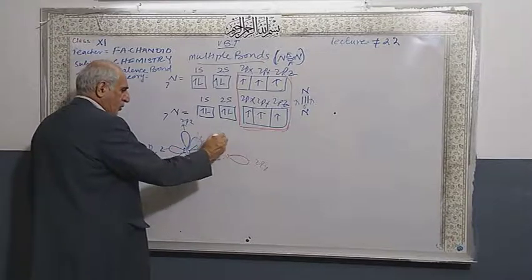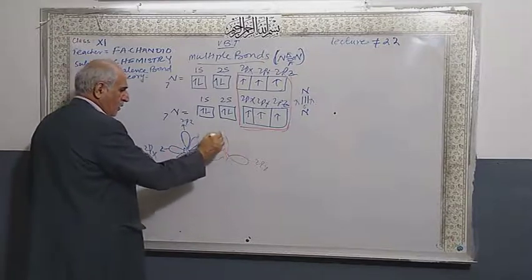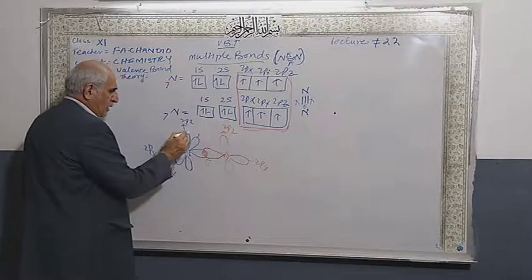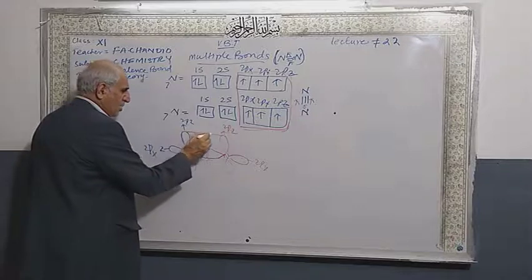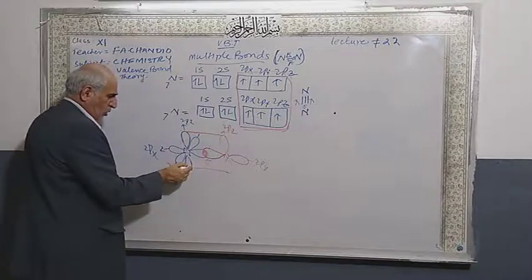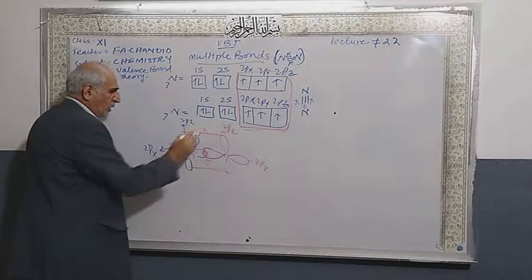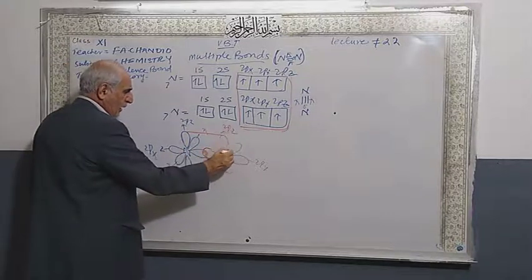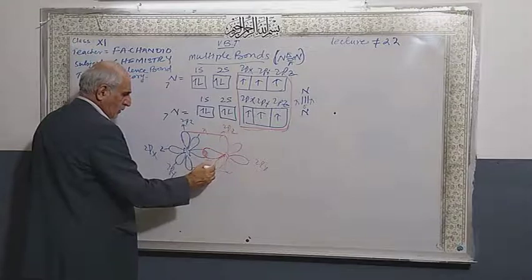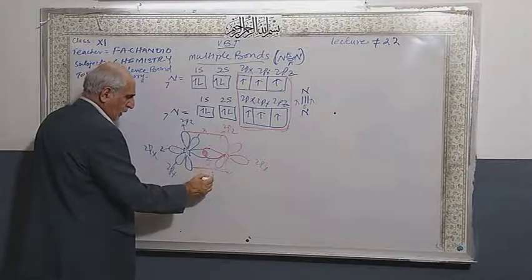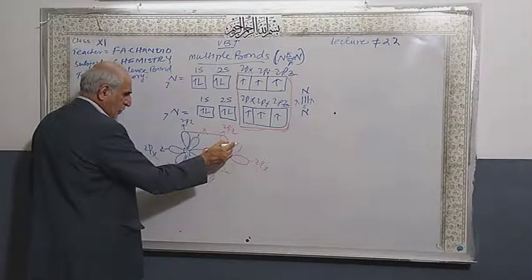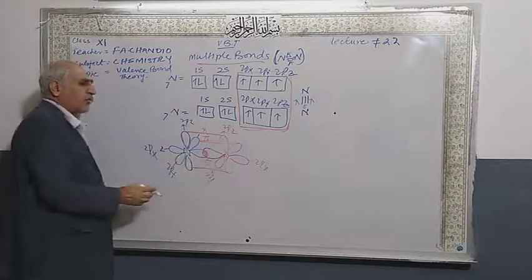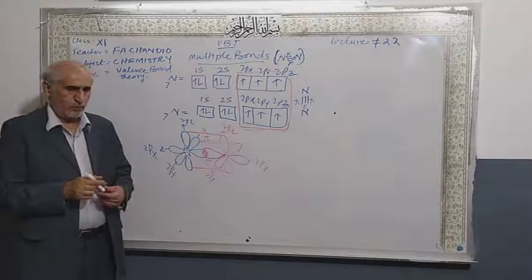And this is a 2pz, and 2pz and 2pz, because this is also unpaired, so they are going to form one pi bond, like this one, and this is a 2py. So this y and y, they are going to be overlapping with each other to form another pi bond.